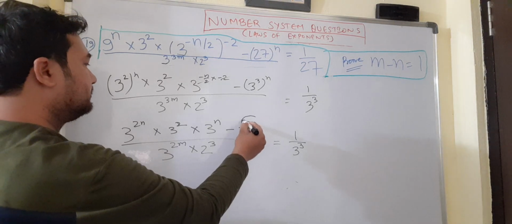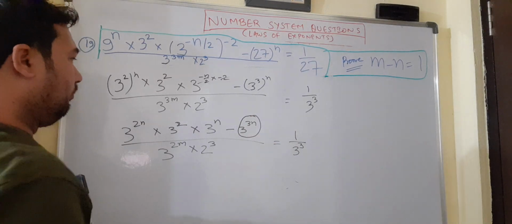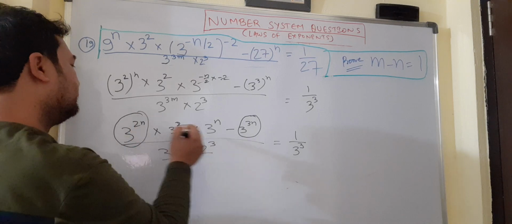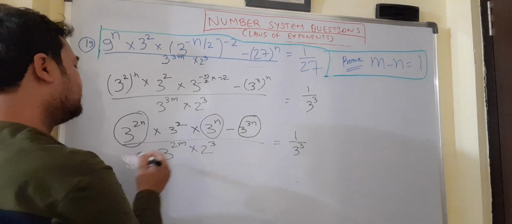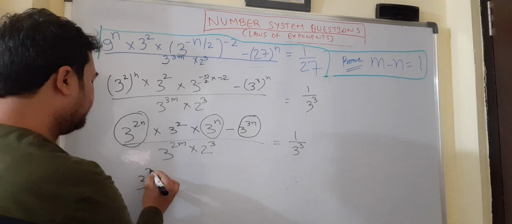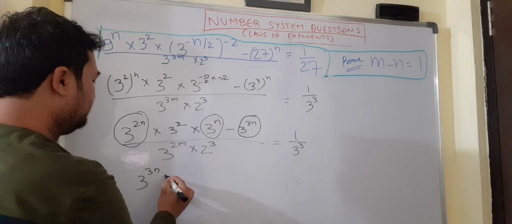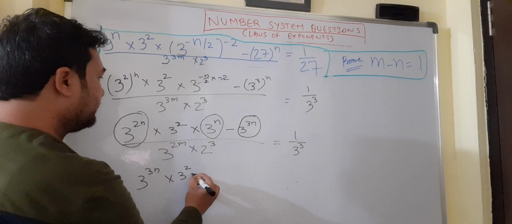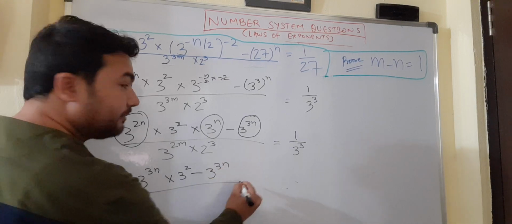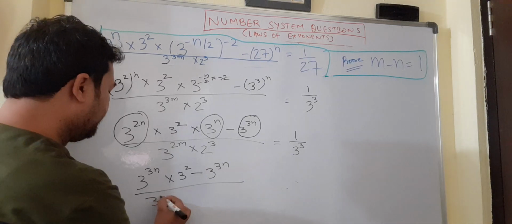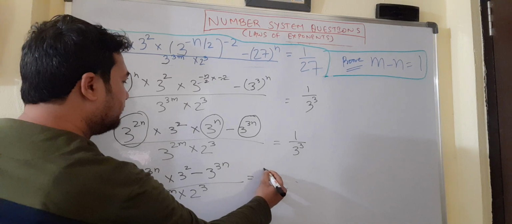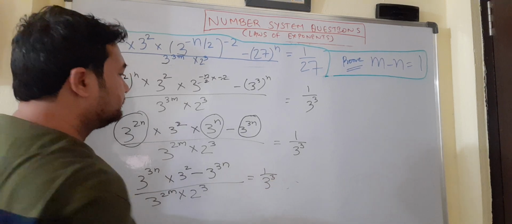Now see, here you get 3 to the power 2n and 3 to the power n. This will together form 3 to the power 3n. What is left? 3 to the power 2 minus 3 to the power 3n, divided by 3 to the power 2n into 2 to the power 3, equals 1 by 3 to the power 3, isn't it?